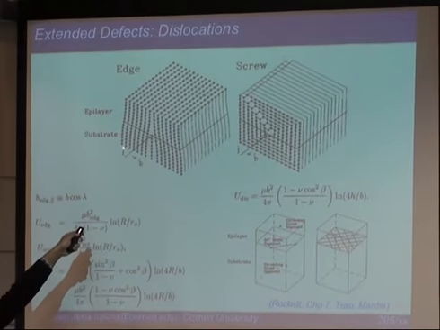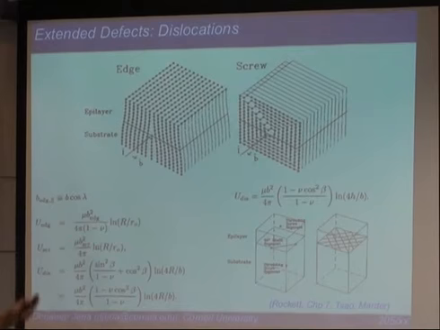B dot L, with L along the axis of the dislocation, would be 0, so basically they are perpendicular. Whereas in the screw dislocation, the Burgers vector is parallel to the axis of the dislocation, so B dot L is not 0.